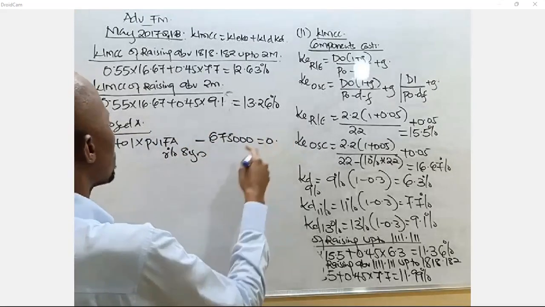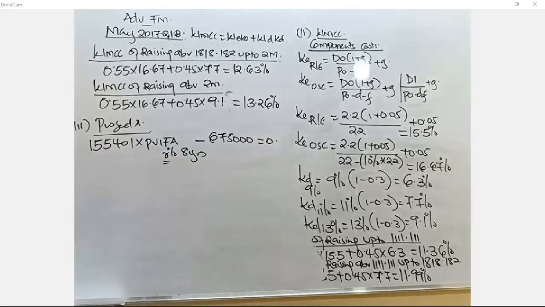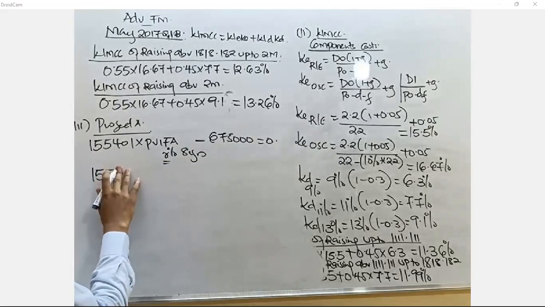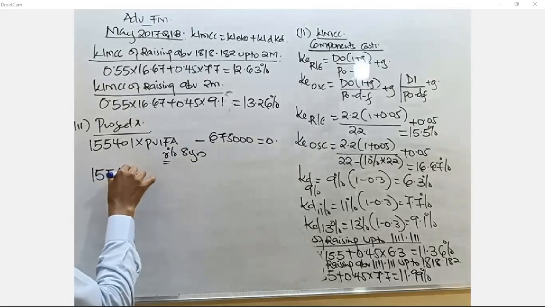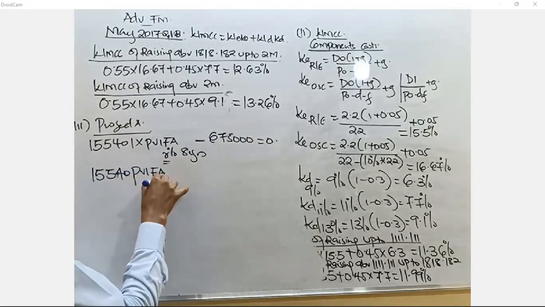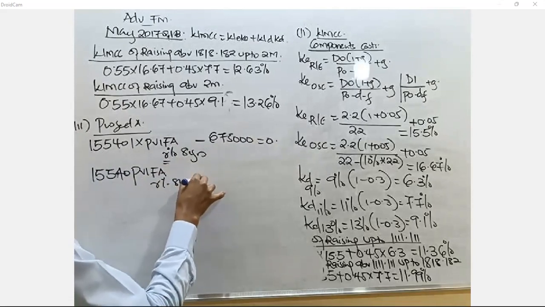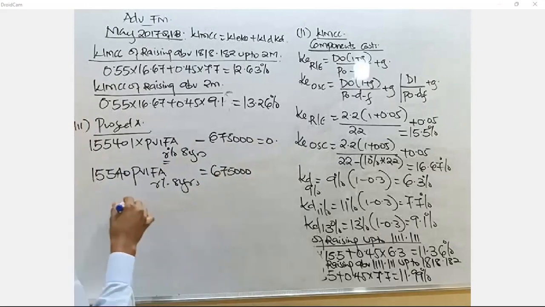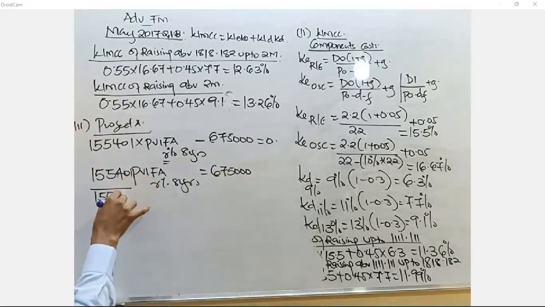And then because we want to get the unknown, we equate to 0. So take this on the other side, and we are going to be having 155.41 present value interest factor annuity R%, 8 years, will be equal to 675,000. You divide here by 155.41.